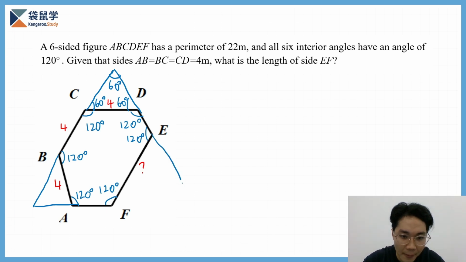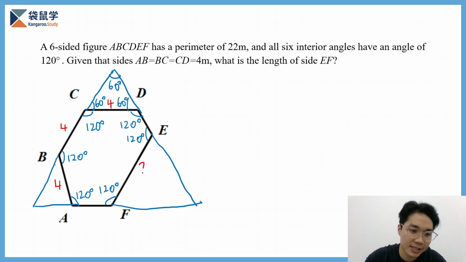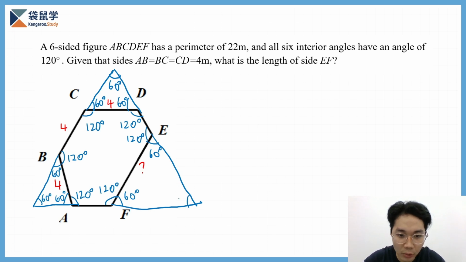Okay, another one. And this one, also 60 degrees, 60. This one, also 60 degrees. And once we know there are equilateral triangles, can you figure out what we can do?